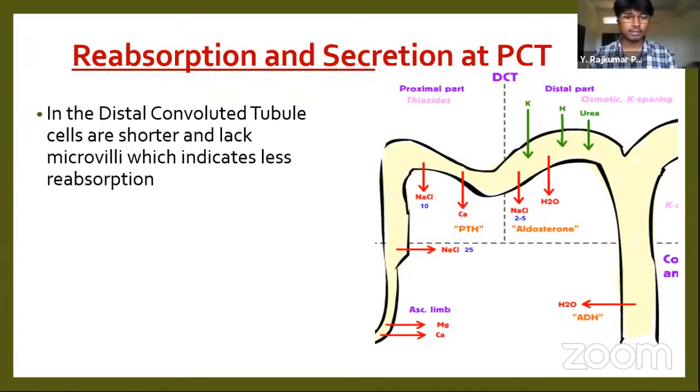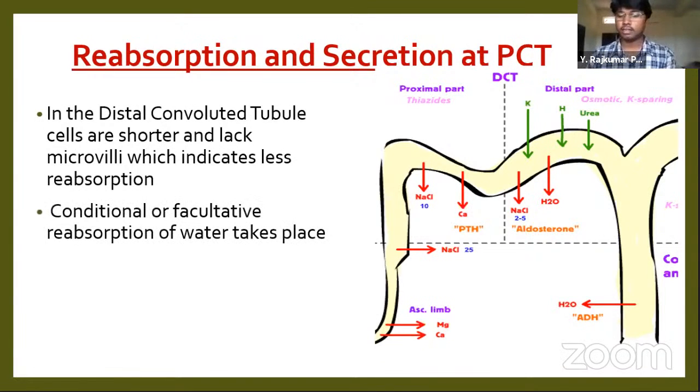Next you see, conditional or facultative reabsorption takes place here. So DCT only reabsorbs whenever it is necessary for the body. This signal is received by the hormone called aldosterone and also ADH, antidiuretic hormone.